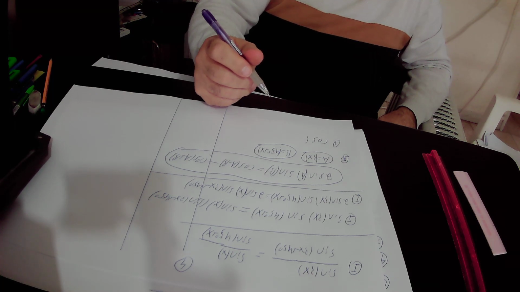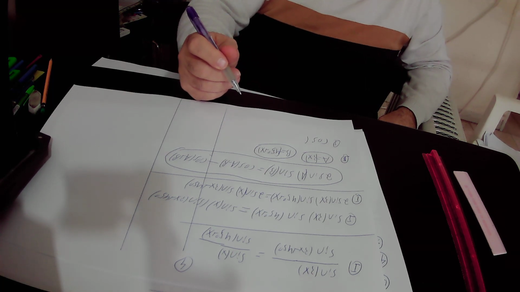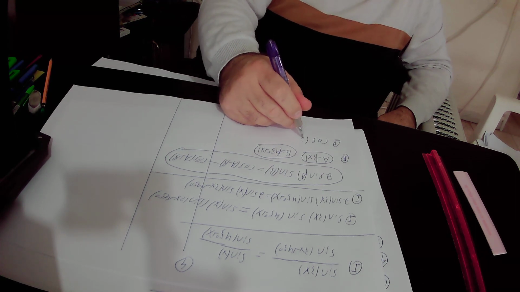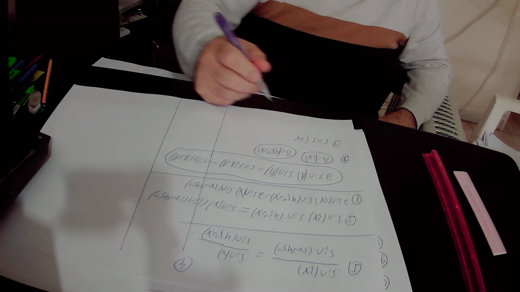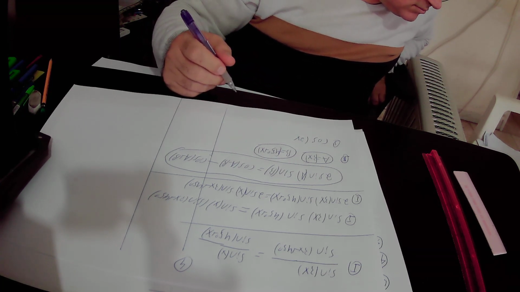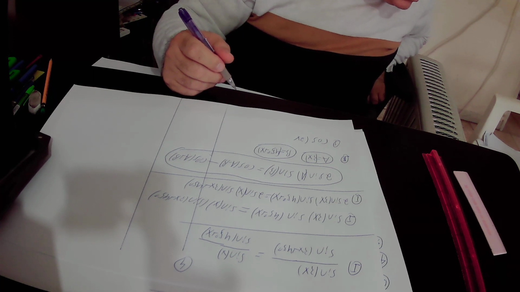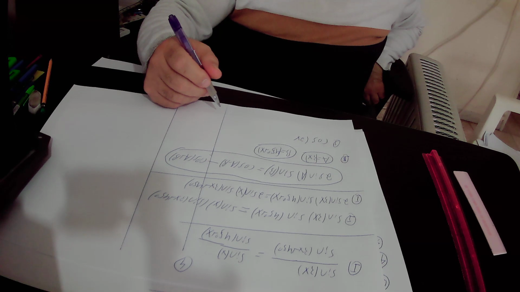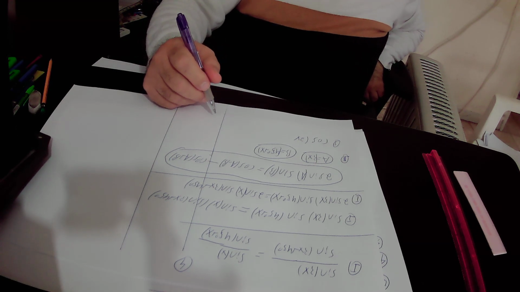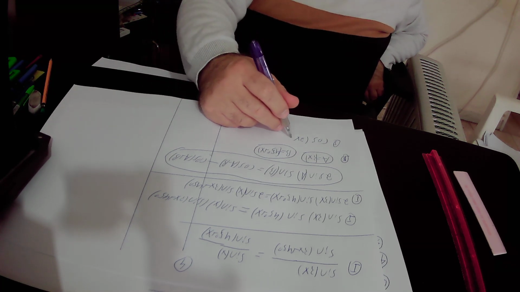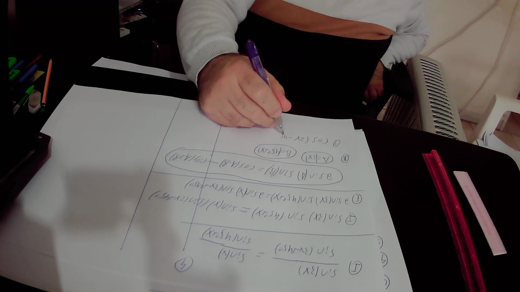3x minus x is 2x, and 0 minus 45 degrees is minus 45 degrees.